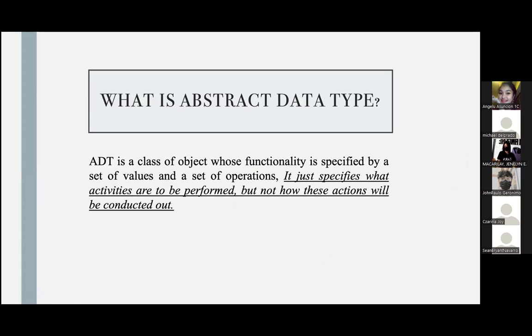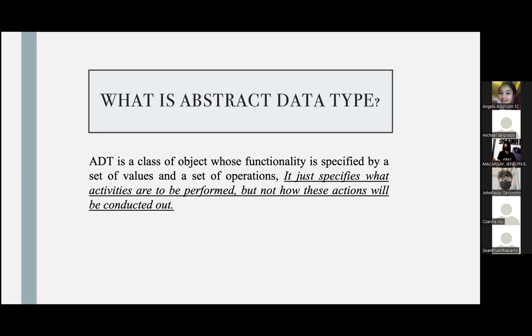What is abstract data type? ADT is a class of object whose functionality is specified by a set of values and a set of operations. It just specifies what activities are to be performed, but not how these actions will be carried out. So it is a mathematical model for data type.